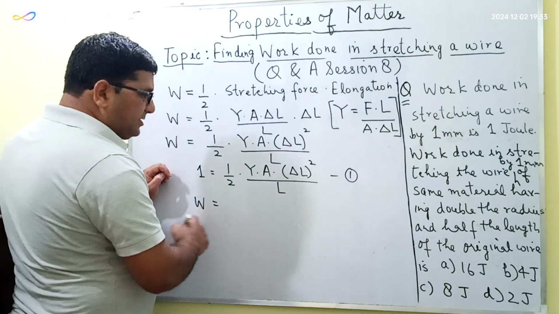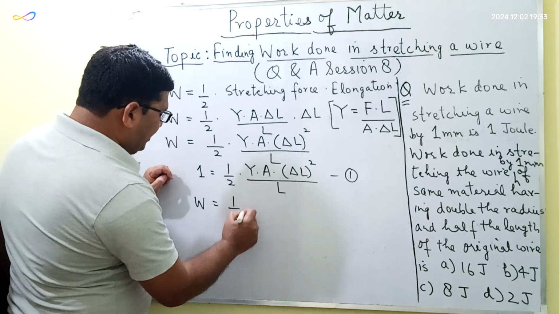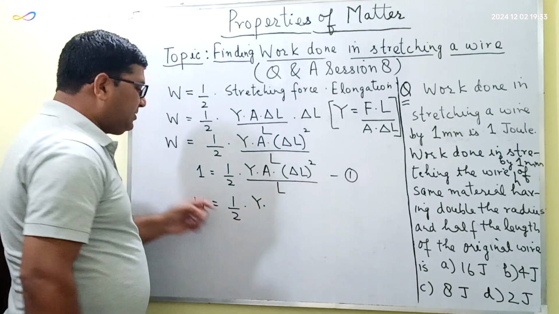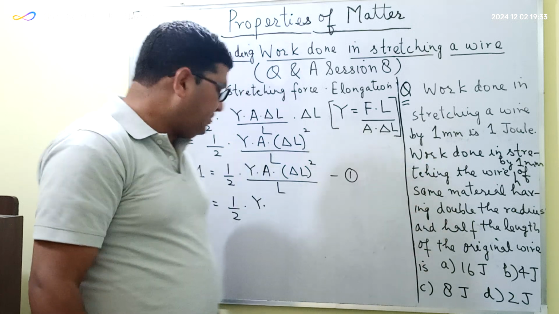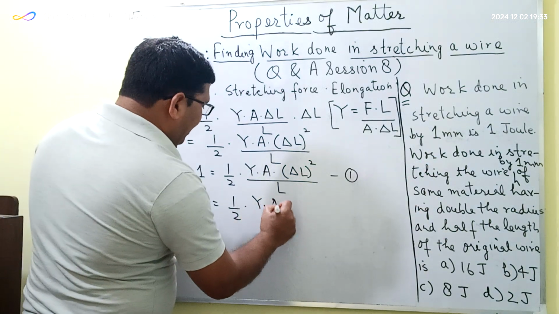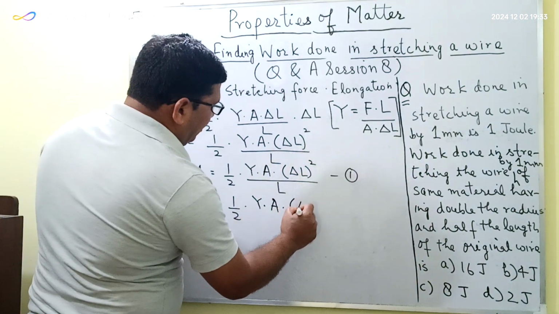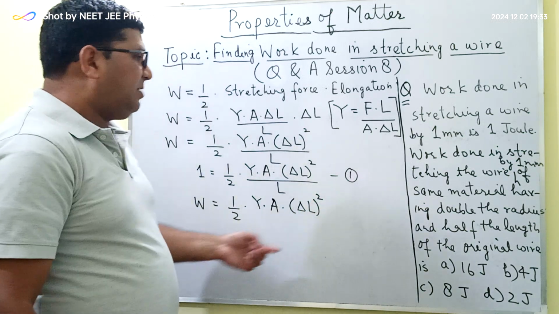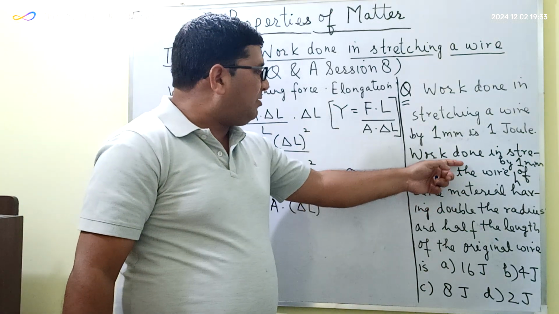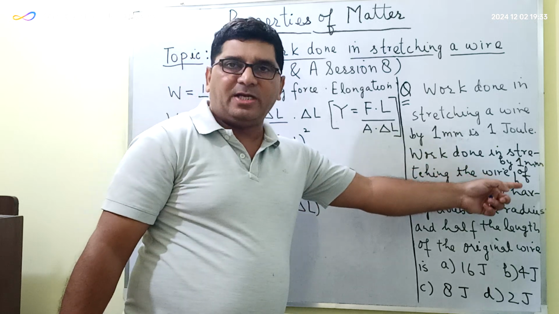So in the second case, the work done will be equal to 1 by 2 into Y, the Young's modulus, which will remain the same because the material of both the wires is the same, multiplied by the area of cross section. Delta L will also remain the same, because we have to calculate the work done in stretching the wire by 1 mm.